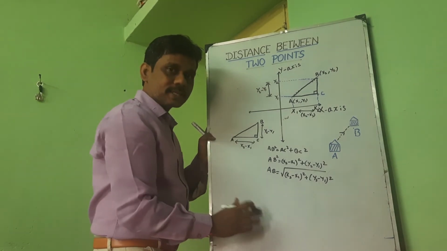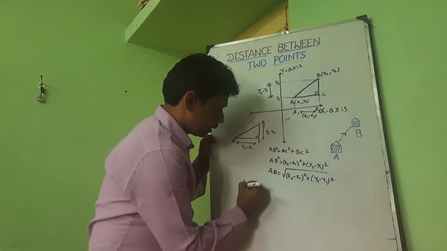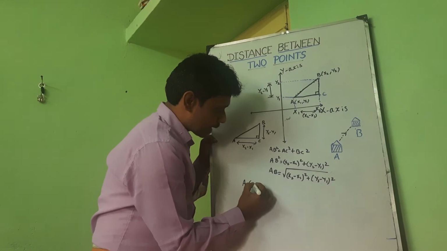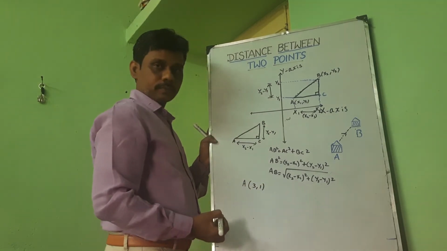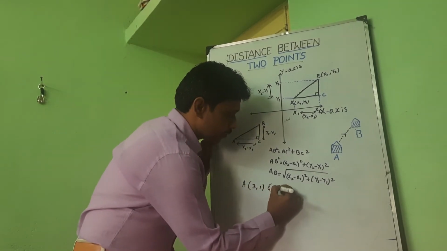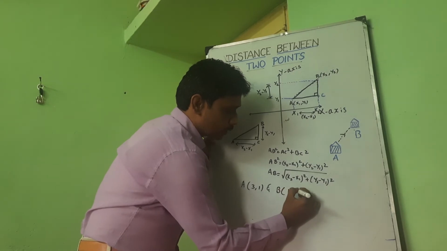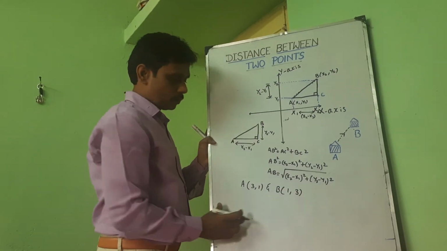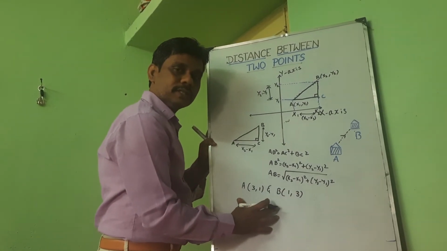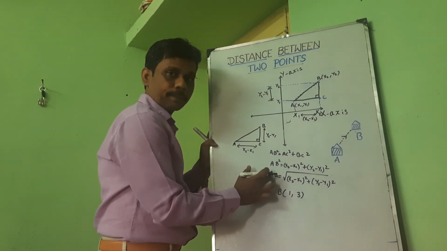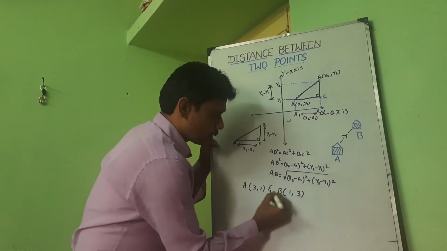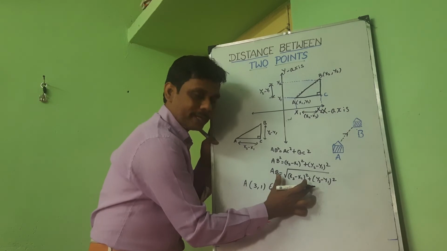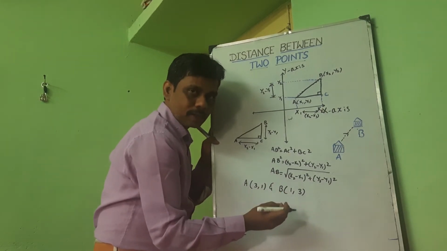Let us consider an example: a point A on the xy plane as 3, 1, and one more point B as 1, 3. We need to calculate the distance between these 2 points by using this formula. For applying this formula, we need to identify first x1, y1 and x2, y2.